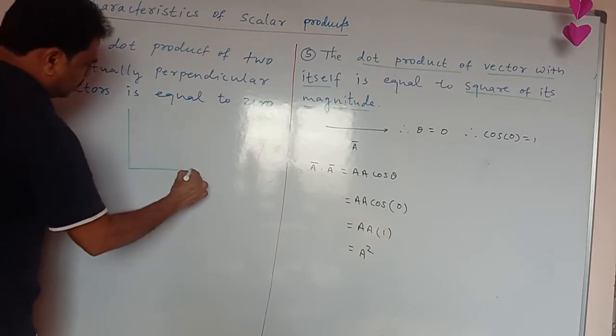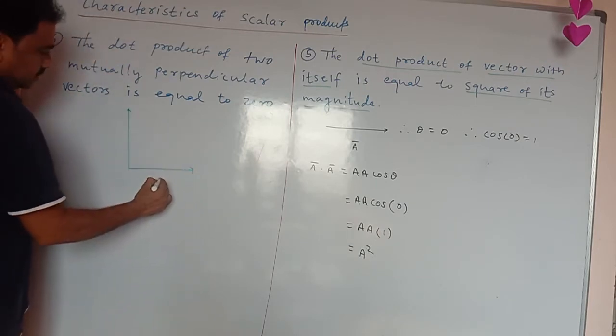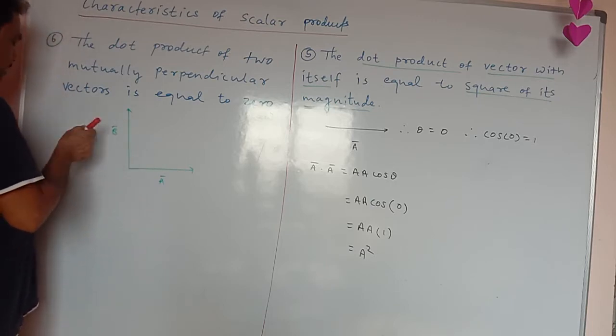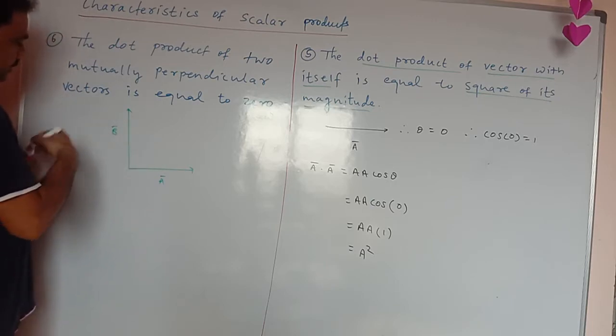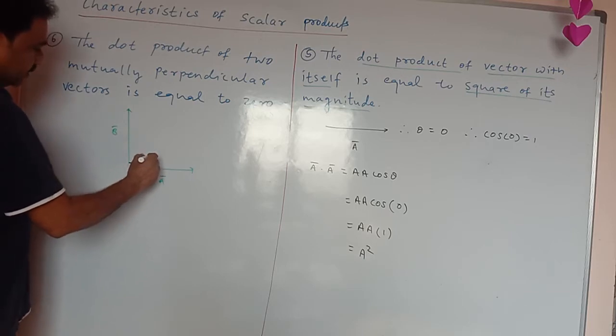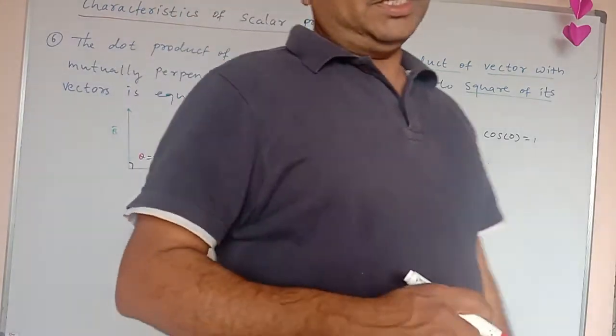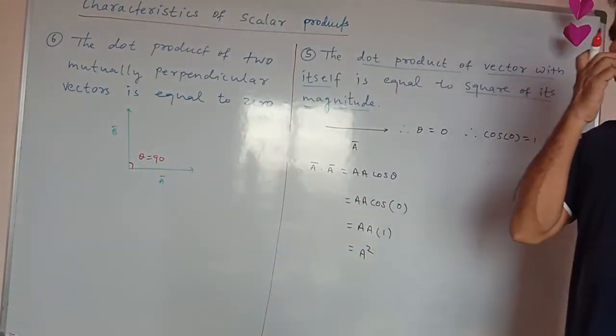Here are two vectors, vector A and vector B, and the angle of inclination between them is exactly 90 degrees, because we are considering these two vectors to be mutually perpendicular. That's why theta is equal to 90.